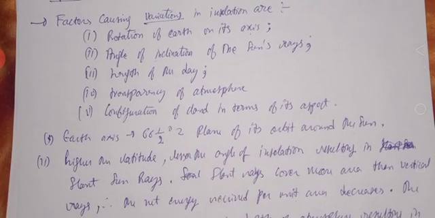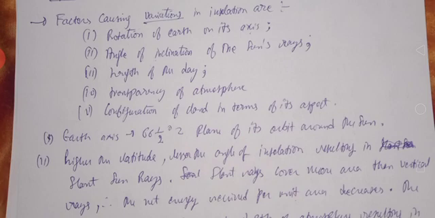Next point, factors causing variations in the insolation are: first, rotation of earth on its axis; second, angle of inclination of the sun's rays; third, length of the day; fourth, transparency of atmosphere; fifth, configuration of land in terms of its aspect.